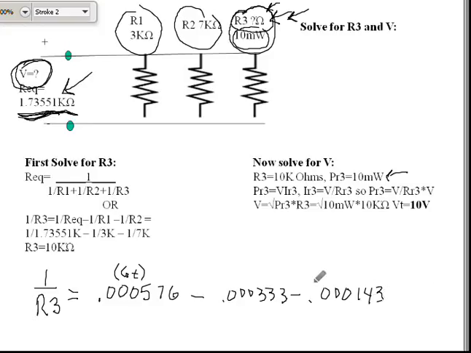Okay, so this is G1, this is G2, and this is G3.